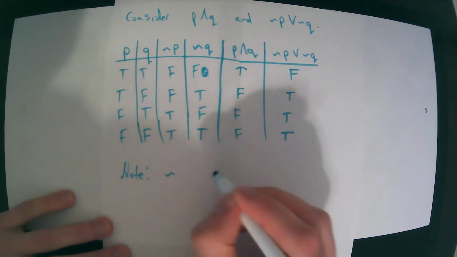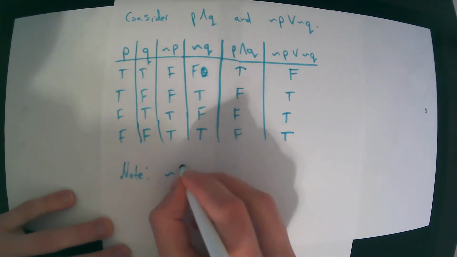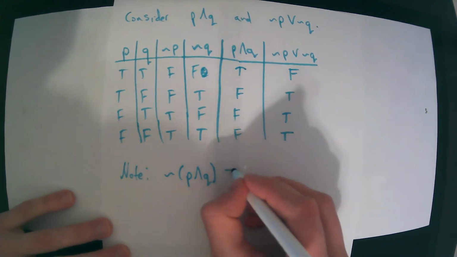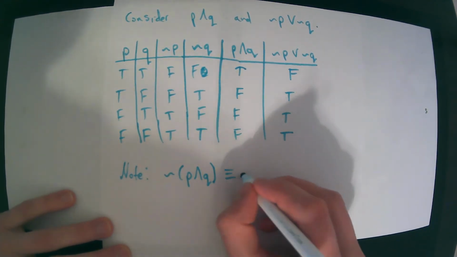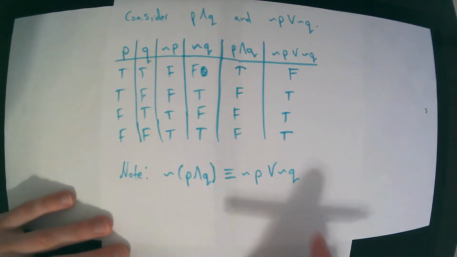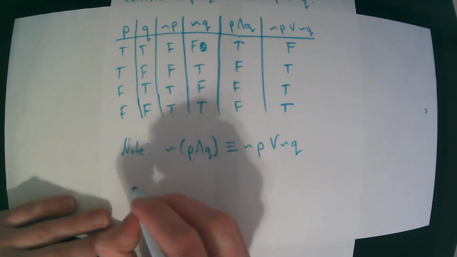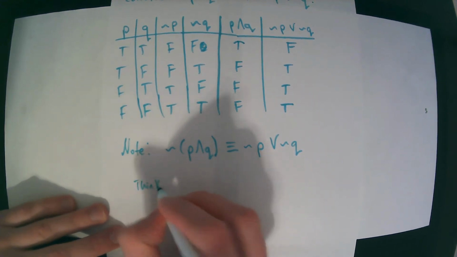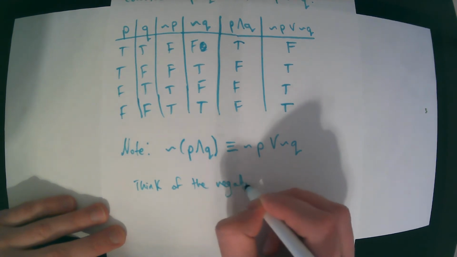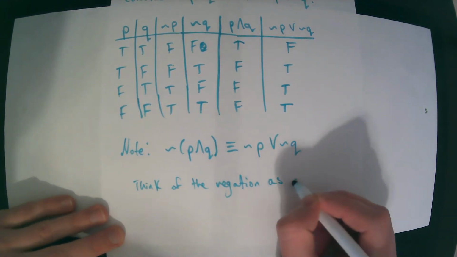So if I take that whole column, P and Q, and I negate it, it is logically equivalent to not P or not Q. And I'm going to say, think of the negation as distributing.